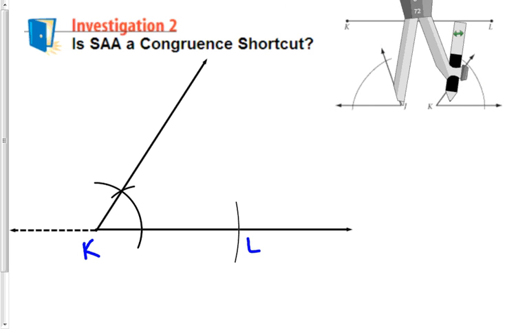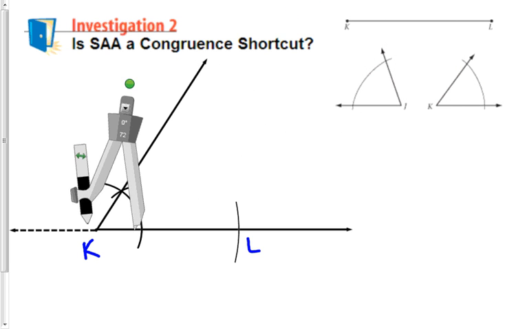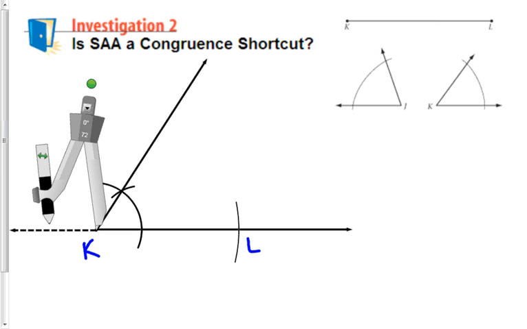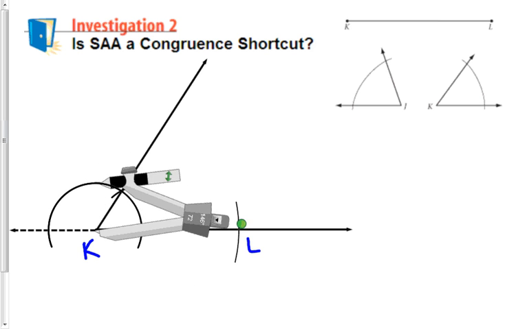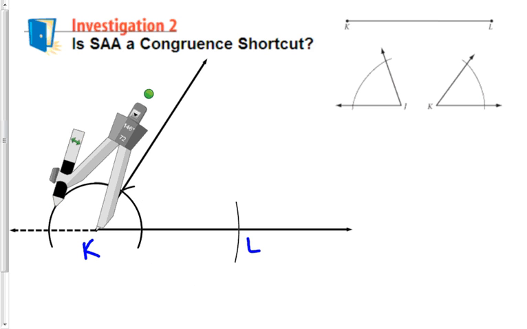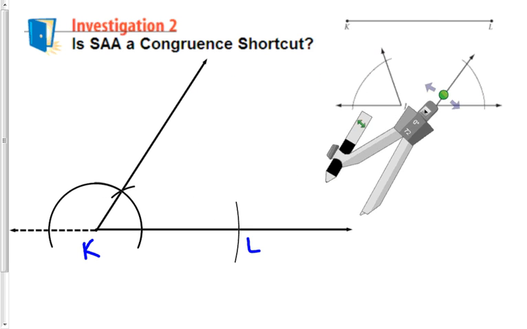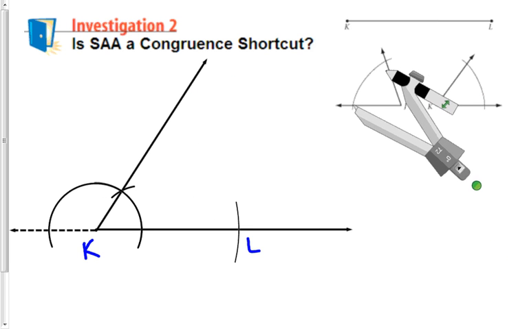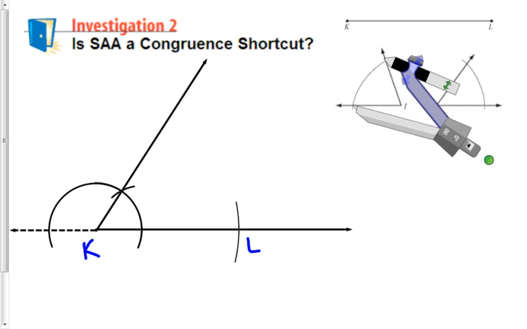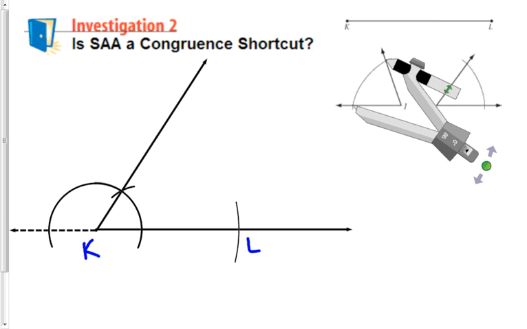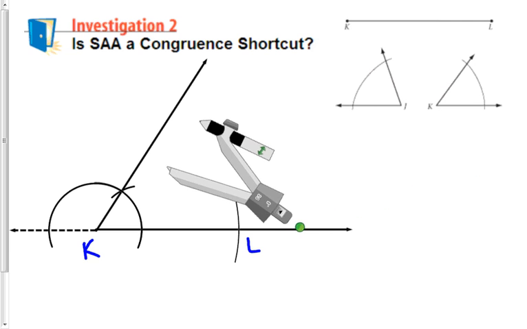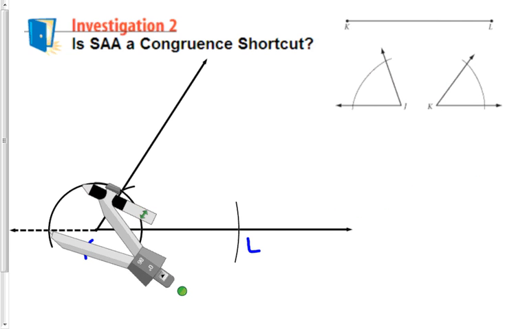I'm going to bring it down here, strike that arc. Oh, it's the same as what K was. Then I need to measure the opening. That's about as good as I'm going to get again with the software. And I come down here and I put my compass on that intersection right there, and I strike that arc.